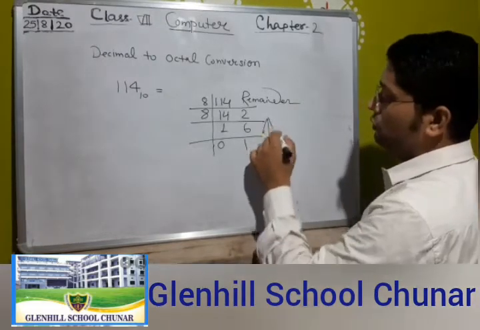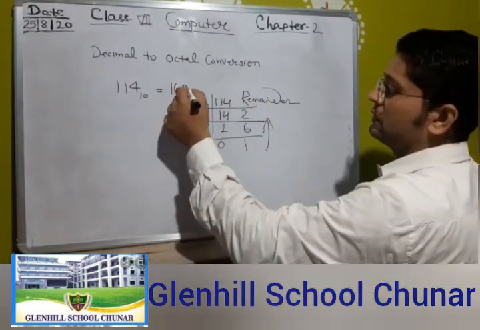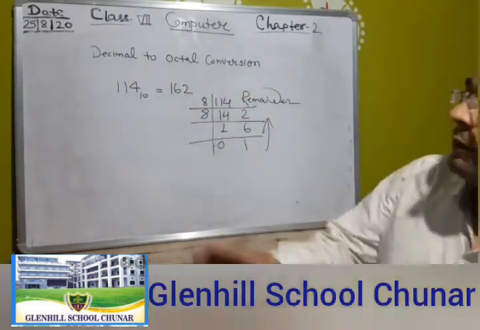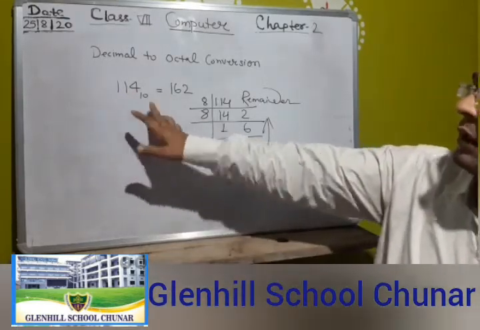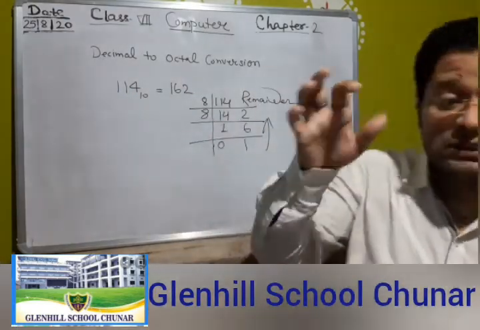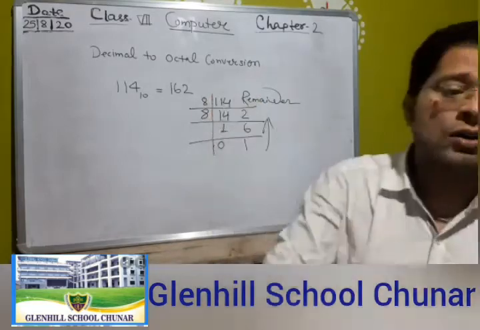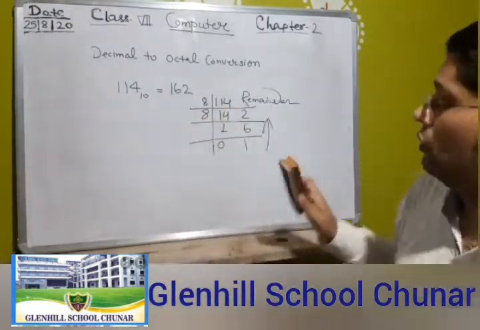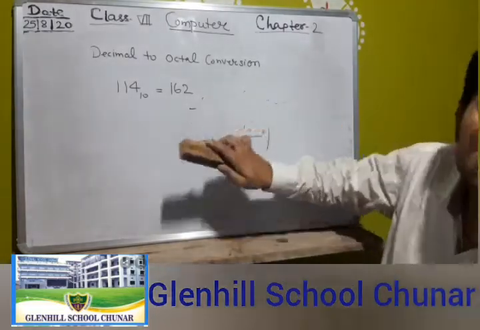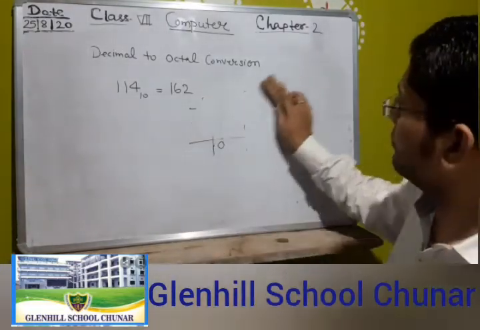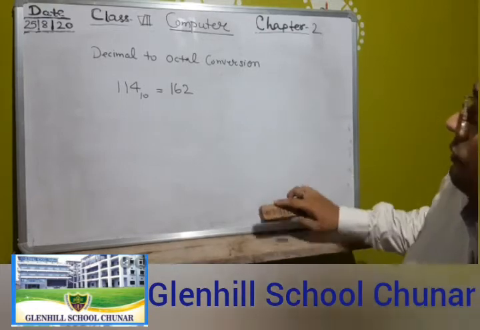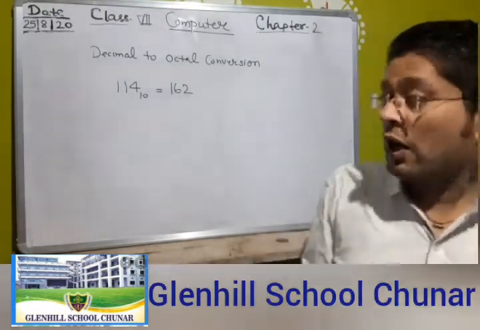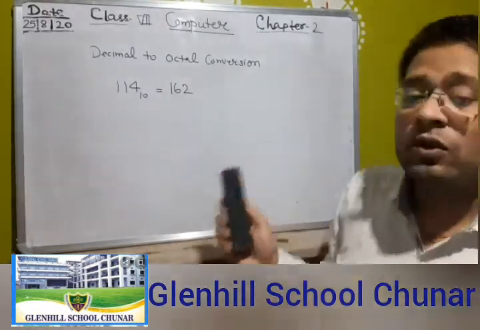So reading down to up, 1 6 2. So what is the octal conversion of that decimal number? Therefore the octal value will be 162. Okay student, clear? That is how to change decimal to octal.